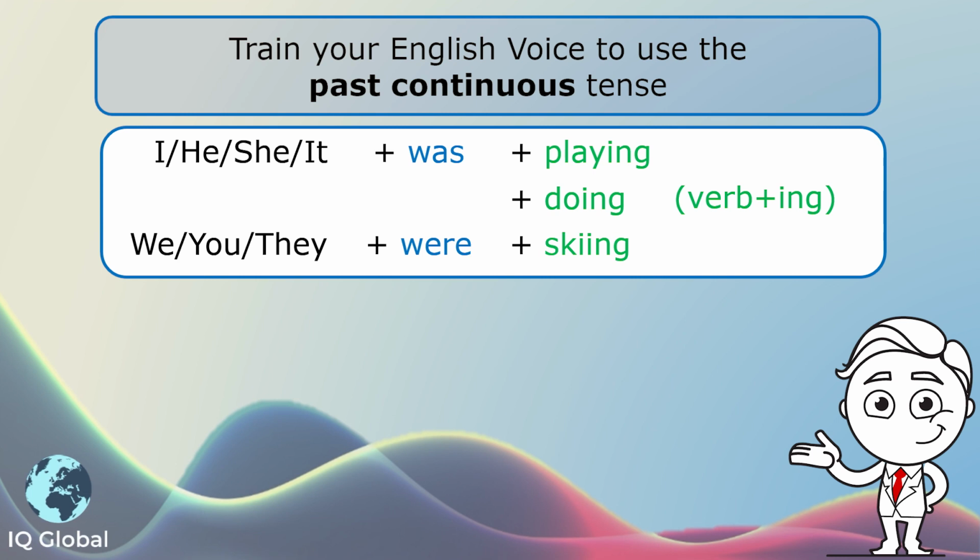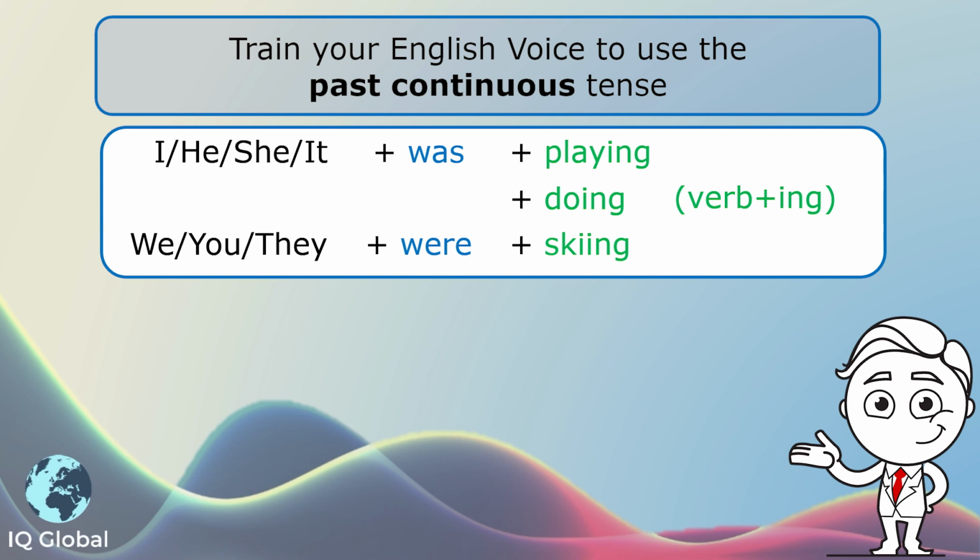If the subject is I, he, she, or it, we use was. That tells us that it was in the past. And then the verb plus ing, and that makes it continuous. For example, playing, doing.